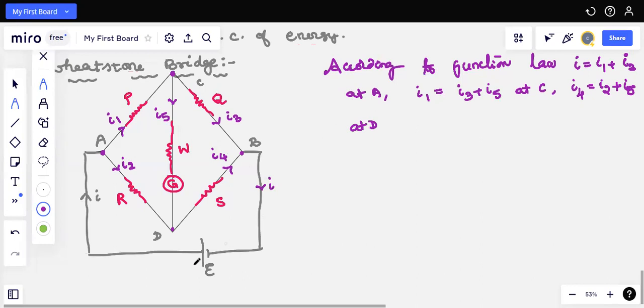So at junction B, entering I3 plus I4. These are the currents entering the junction. Leaving the junction is I. Good. First junction law we apply, very easily we apply. Over.